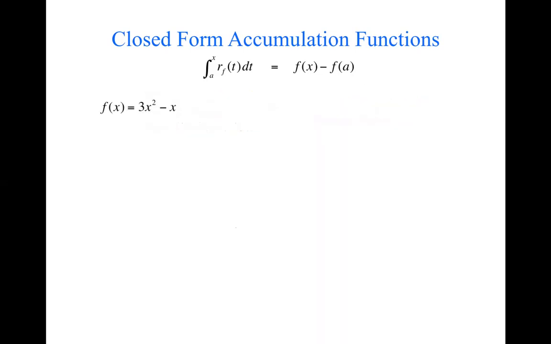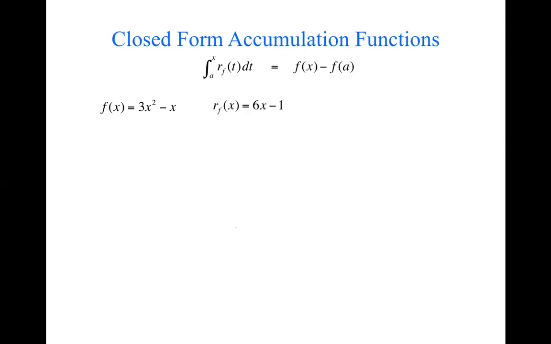like f of x equals 3x squared minus x. Suppose that this is f of x. I could find f of a for any a that I wanted to. I should also be able to find r sub f, right? Because that would just indicate the rate of change of this. And this is just a power function with sums and differences. So I know the rate of change function.